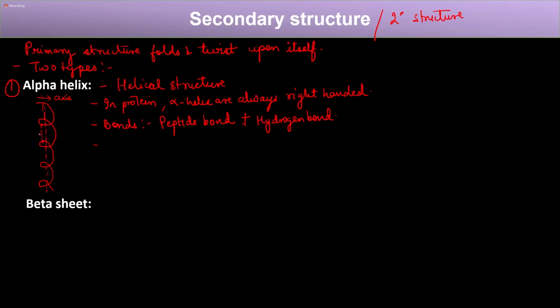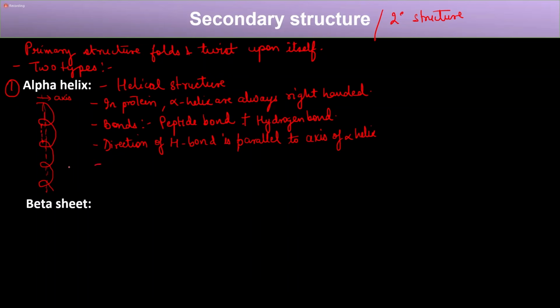So the direction of the hydrogen bond is parallel. It is parallel to the axis of the alpha helix.